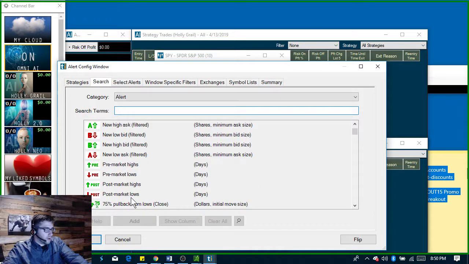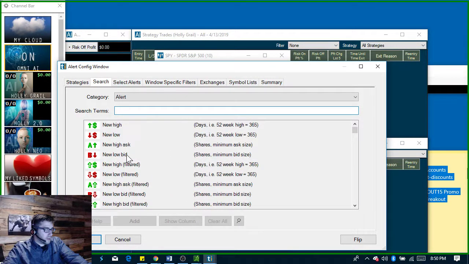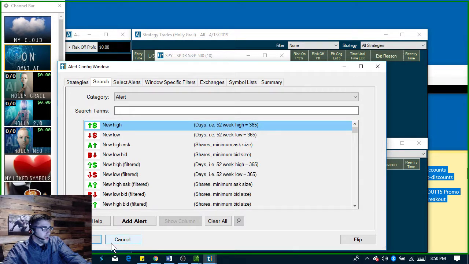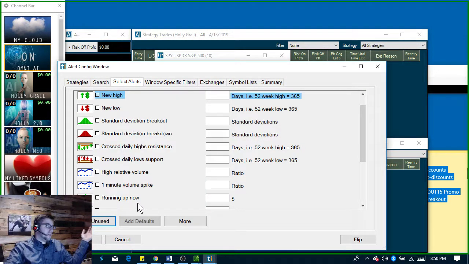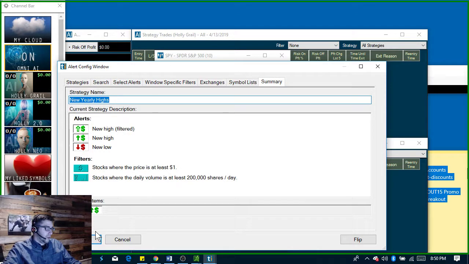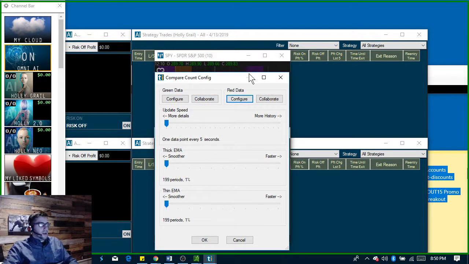Oh, here you go. New high, 52-week high. Boom, add alert. So now, if something's about to break into a 52-week high, I'll get an alert. Or a 52-week low, I'll get an alert. Save. Okay.